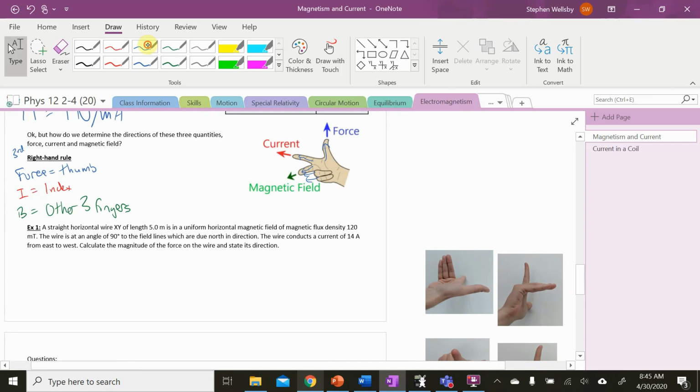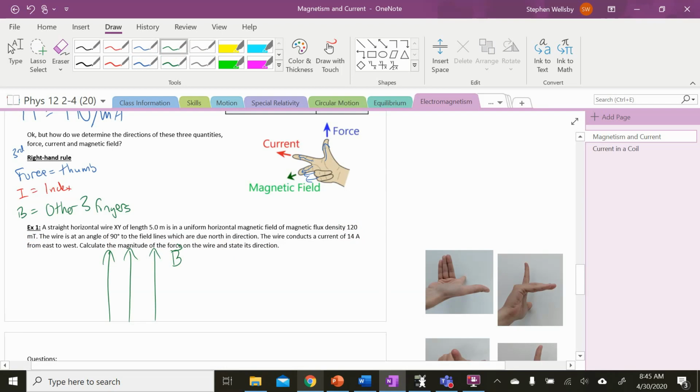In this case, before you pause the video, it's a magnetic field of 120 milliteslas. Keep in mind the unit there. The wire is at 90 degrees to the field lines, and the field lines are due north. I'm going to draw the field lines in green. This is my B direction here, due north.